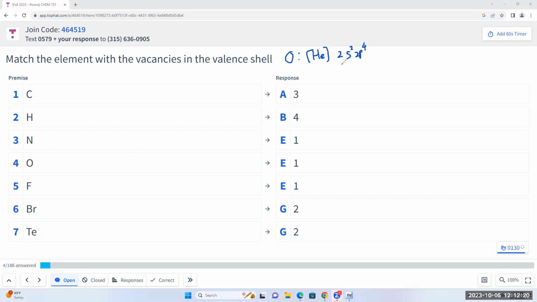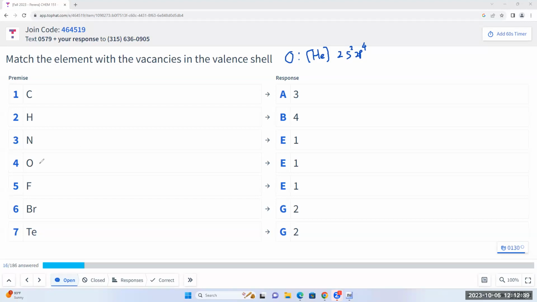So the valence shell, which is the second shell, can have up to 8, but we only have 6. So how many vacancies are there in the valence shell of oxygen? Two vacancies. We can have 8, we only have 6. Therefore, there are 2 vacancies.